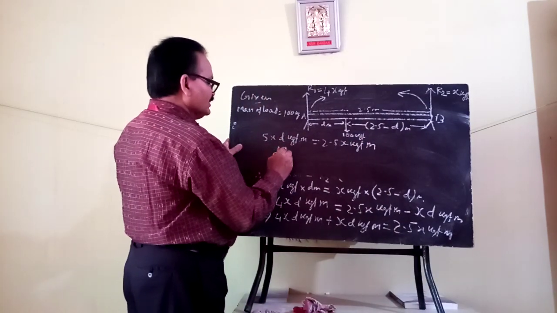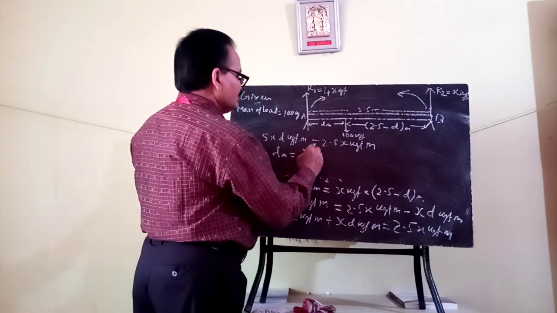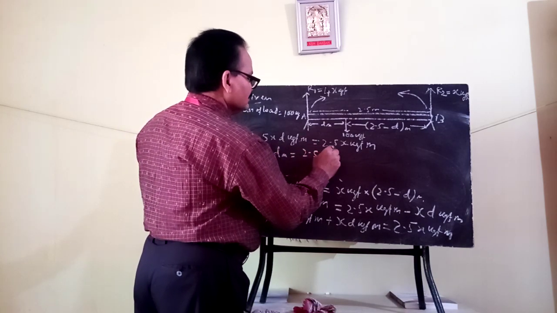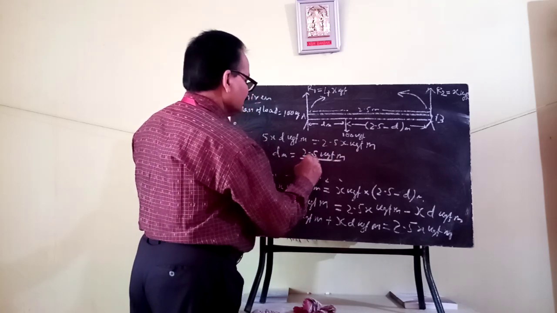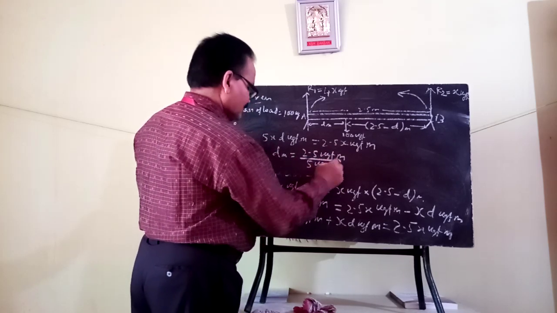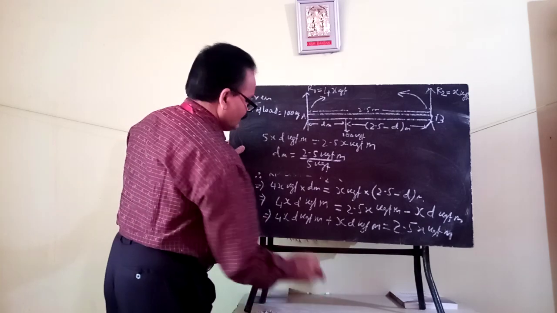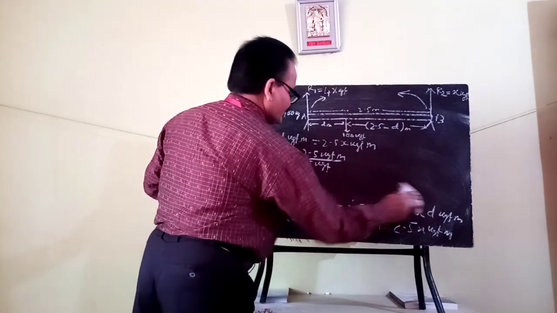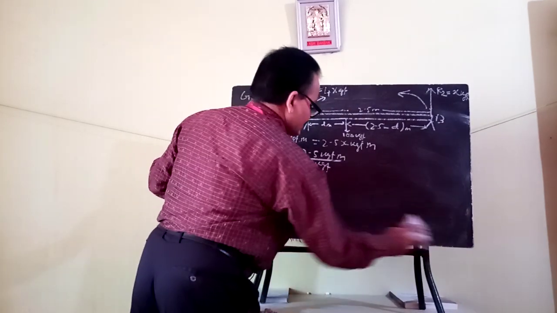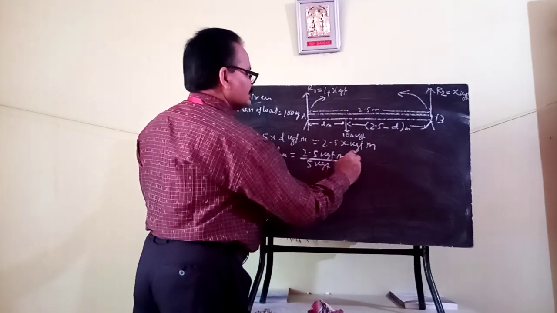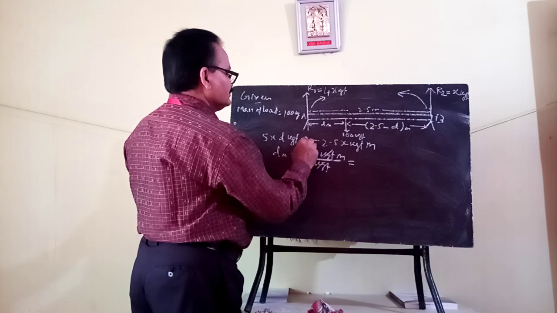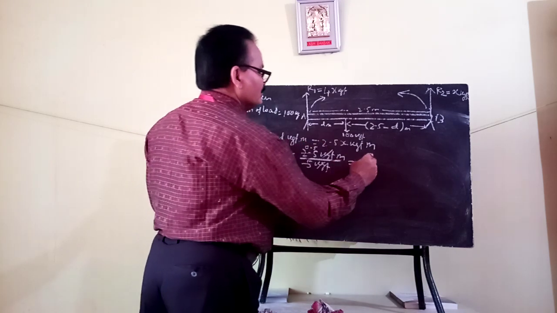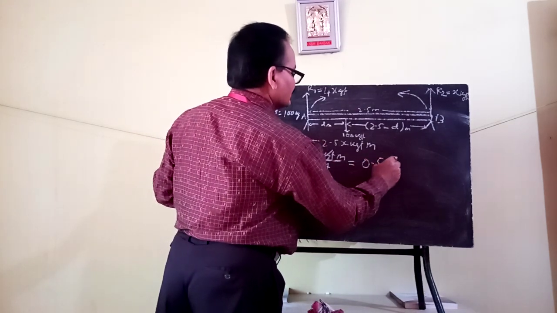So d meter equals 2.5 kgf meter divided by 5 kgf, kgf cancel each other, this is 0.5 meter.